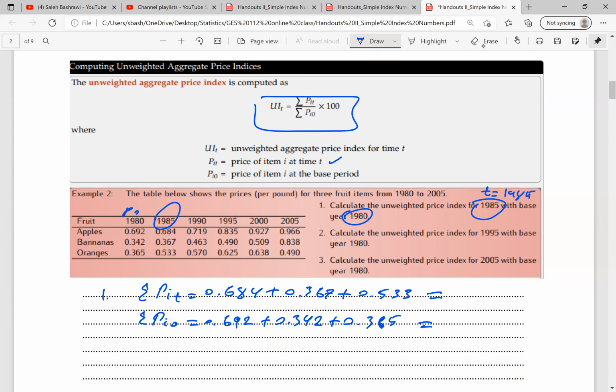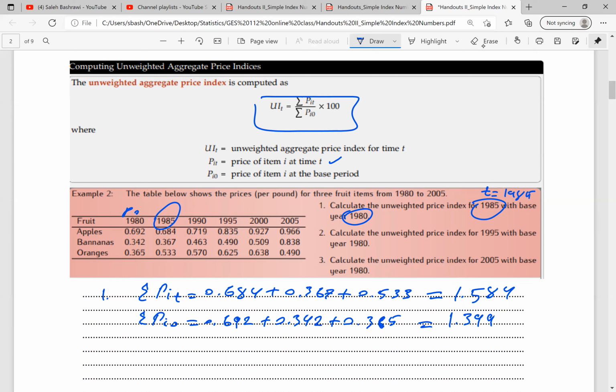The first one is 0.684 plus 0.367 plus 0.533, which gives me 1.584. The second one, 0.692 plus 0.342 plus 0.365, will give me 1.399.